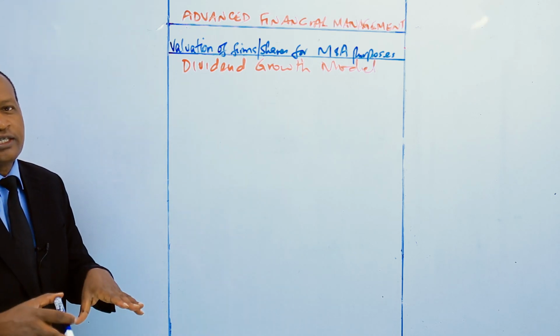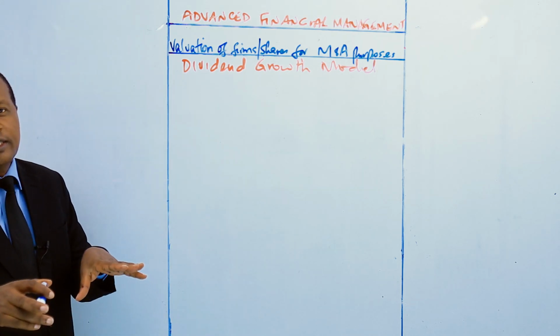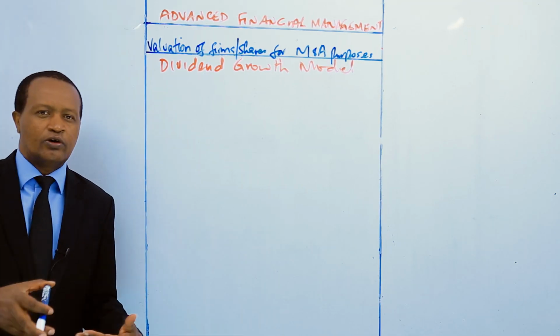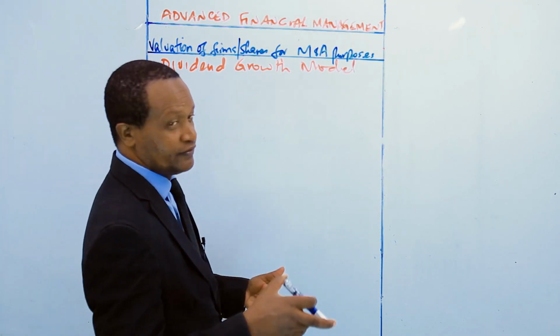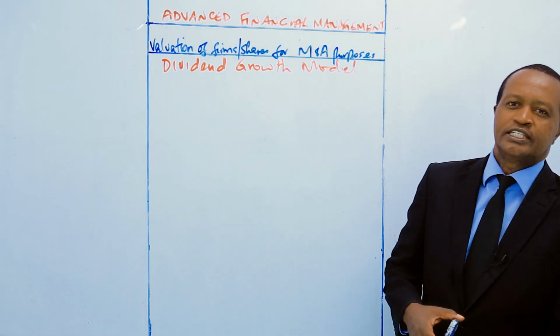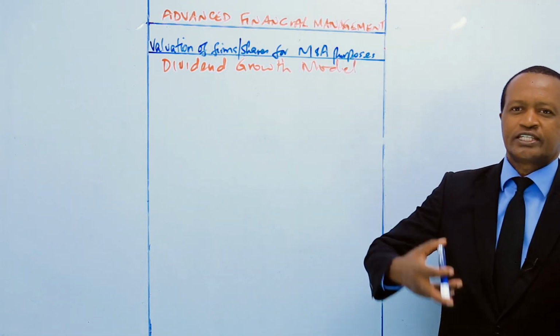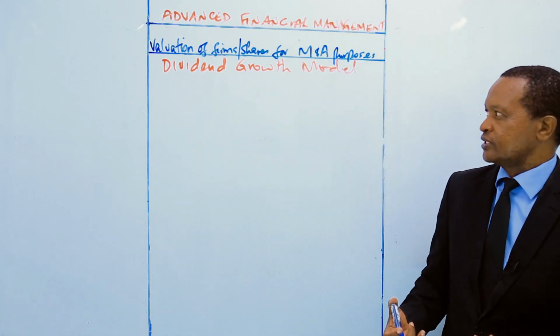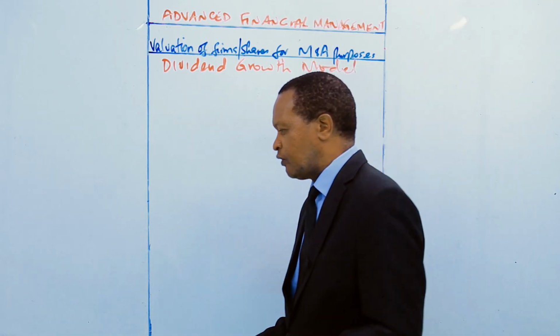The model is a simplified version of the dividend growth model that assumes dividends will grow at a constant rate indefinitely. Okay?